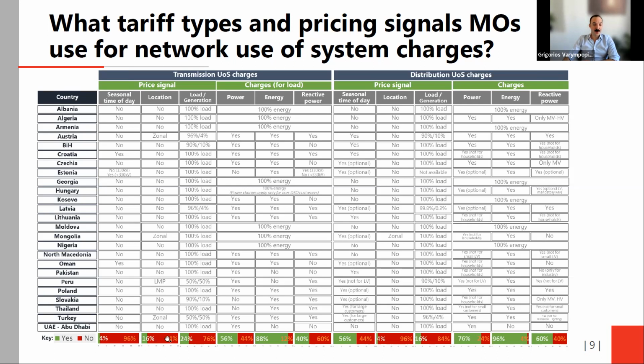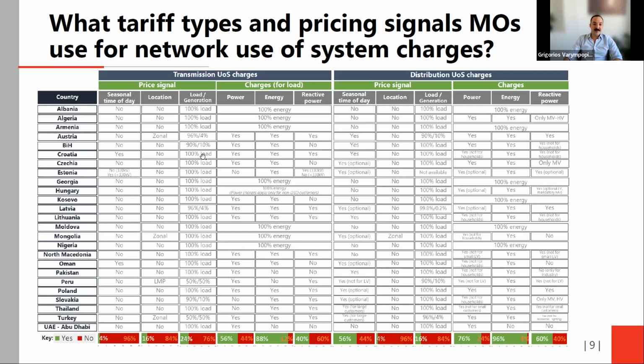So the most common approach is not to have a locational element in the use of system charge. But at the same time, most of these countries, we will see that later on, they apply a deep connection charge policy for the connection charges. So they pass the locational signal through the deep connection charge.